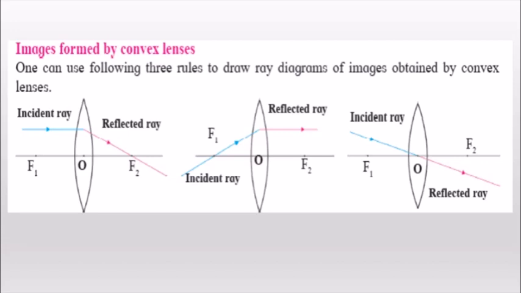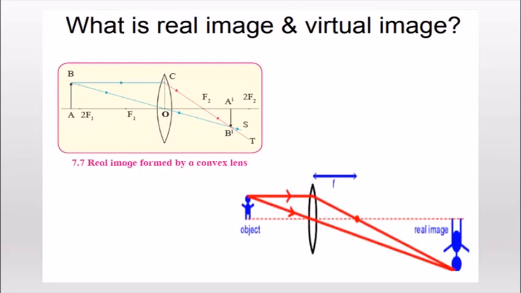for a convex lens. Let us understand what is a real image of a convex lens and a virtual image. As shown in the figure, an object AB is placed beyond the point 2F1, that is our focus 1.